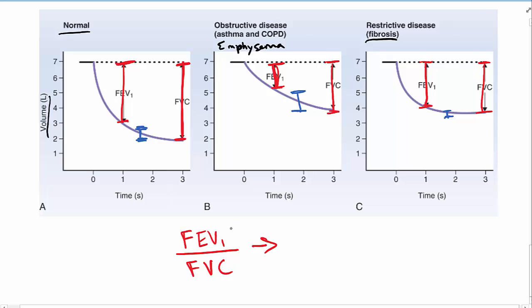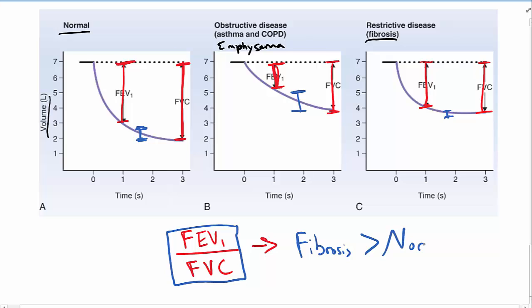So when we look at the FEV1 over the FVC in terms of a percentage, someone with pulmonary fibrosis has a greater FEV1 over FVC than a normal person, and a normal person has even greater than someone with emphysema.